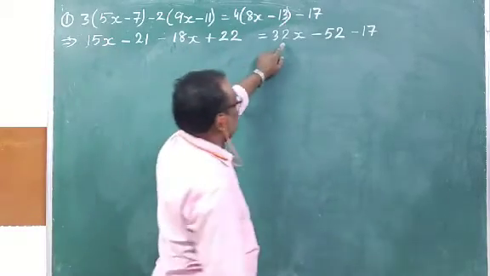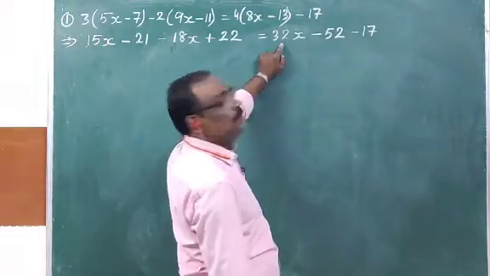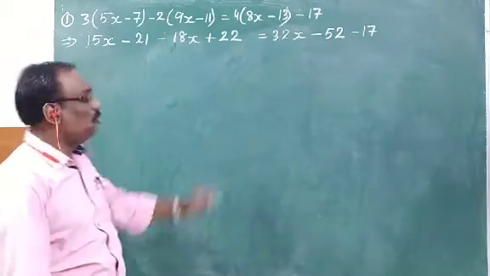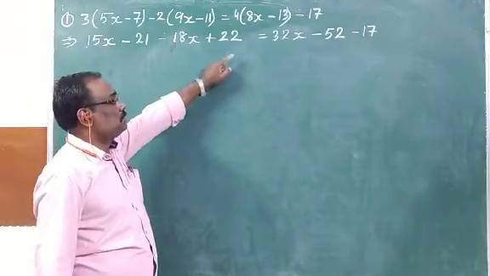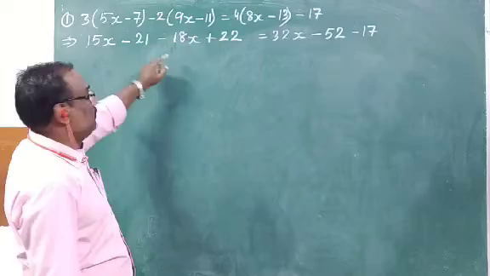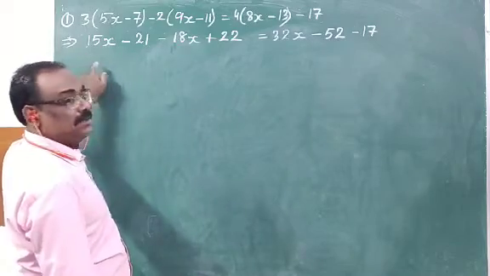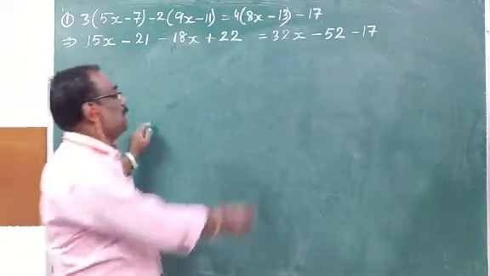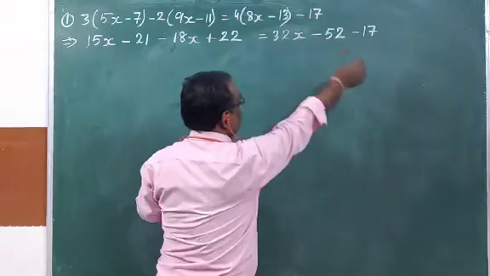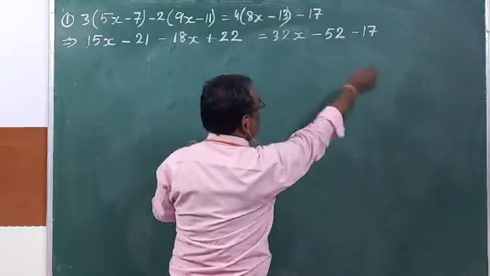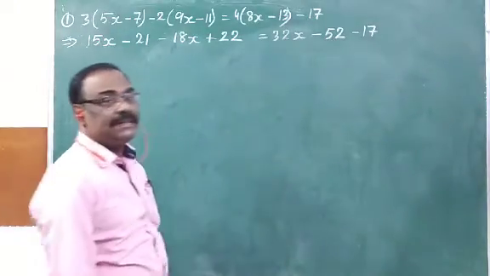Here you can see on the right hand side it is 32x. So this equal to sign in between, whatever the equation is given, this side is known as the left hand side, and whatever is on the other side of the equal to sign is known to be the right hand side.